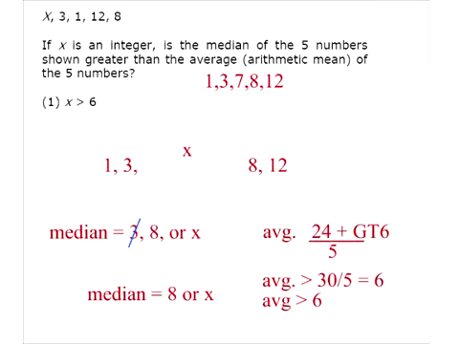In that case, the median would be 7, and the average would be 31 divided by 5, which is like 6.2. So that's an example of a yes or a no answer. Would I label this on my page as yes or no?